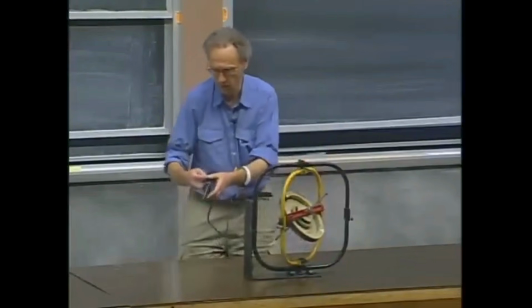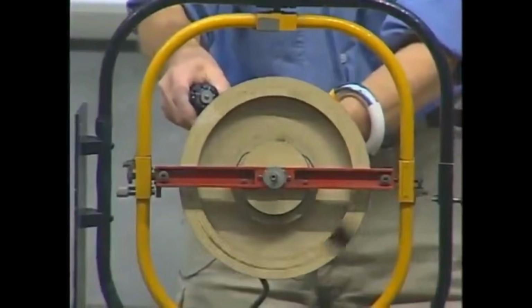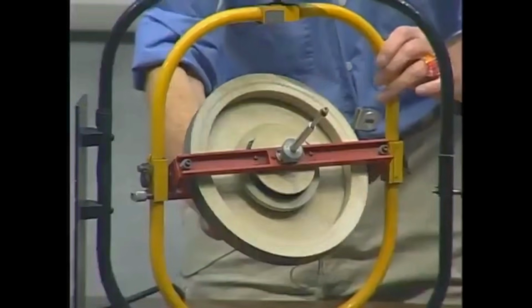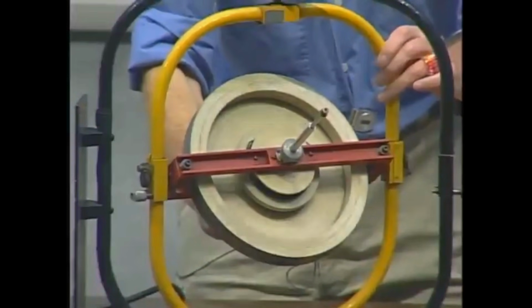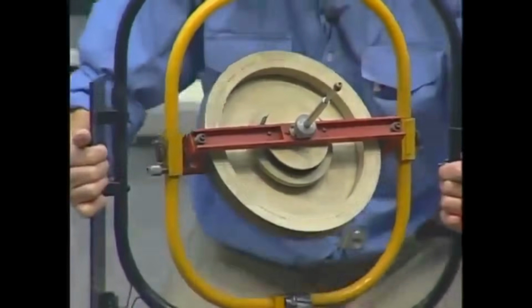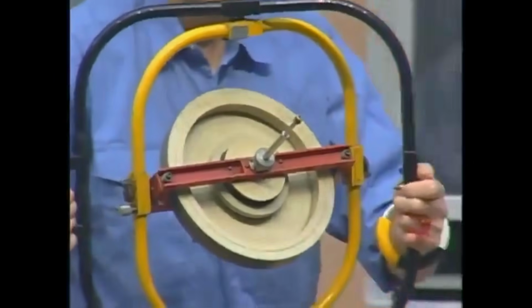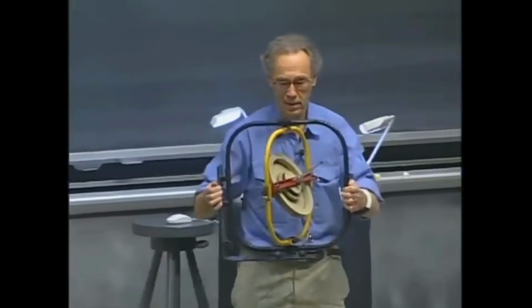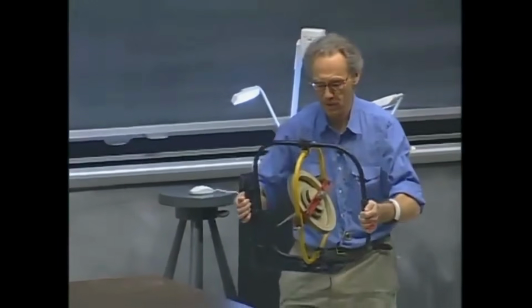And I want to show that to you. Okay, this is the direction of my spin angular momentum. And I'm the airplane. And I'm going to fly. Look at that spin angular momentum. It has no respect for me.